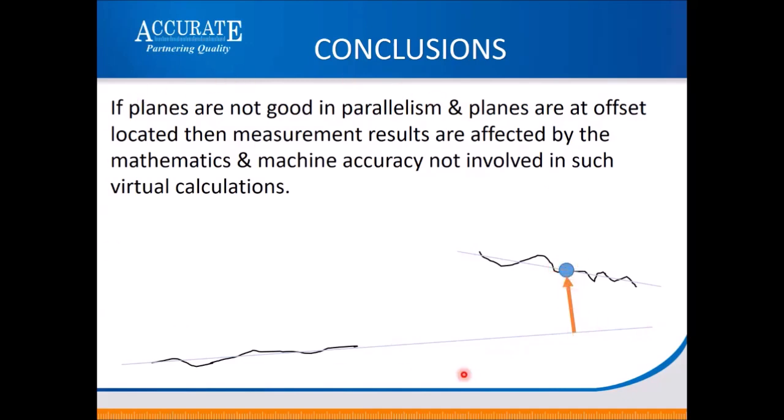So the lesson here is, when you measure the distance of planes, and if the planes are not one above the other, and also they are not parallel, and also they are at an offset distance, there are chances of inaccuracies in the measurement. And that is all because of your mathematical calculations.